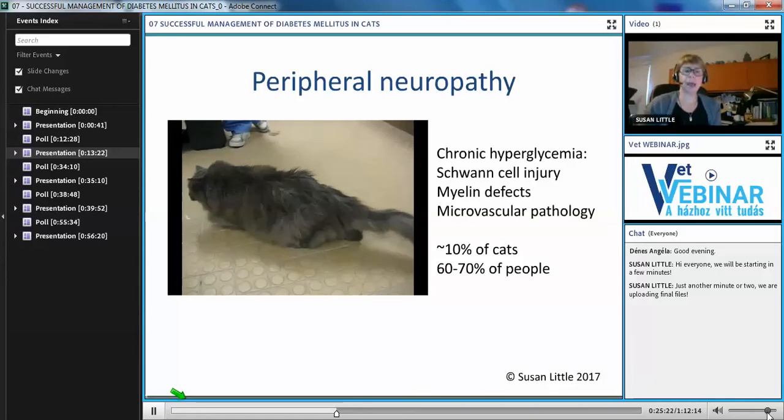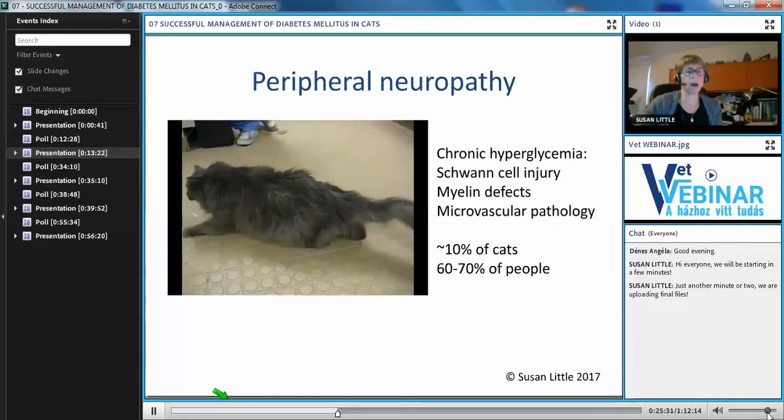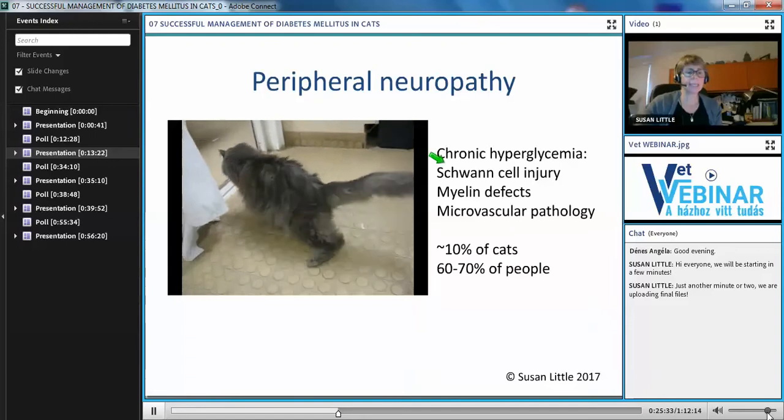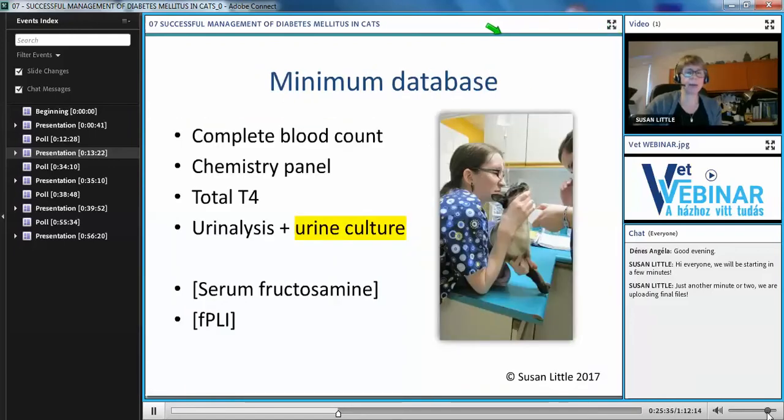So over time, with this ongoing high blood glucose, these cats will tend to develop some Schwann cell injury. They may also have defects in their myelin, and they have some microvascular pathology as well.